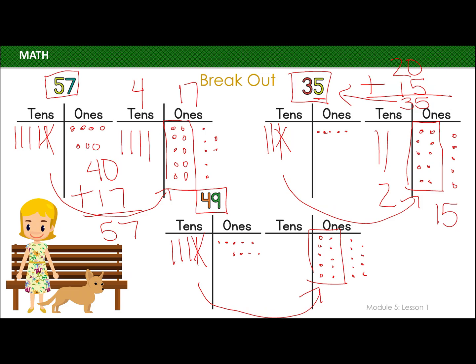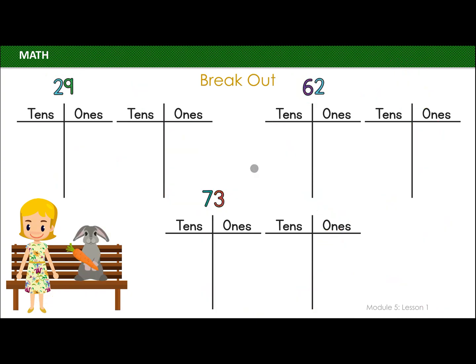So 10 plus 9 will give me 19 ones. And I took away one of my 10 sticks from my 4, so I only have 3 left now, or 30. So 30 from my 10s plus those 19 ones gives me 49. So just another way to show you how you can represent a two-digit number using your 10s and 1 sticks.